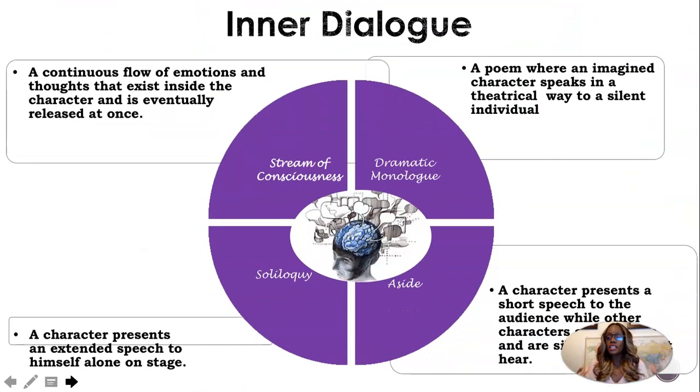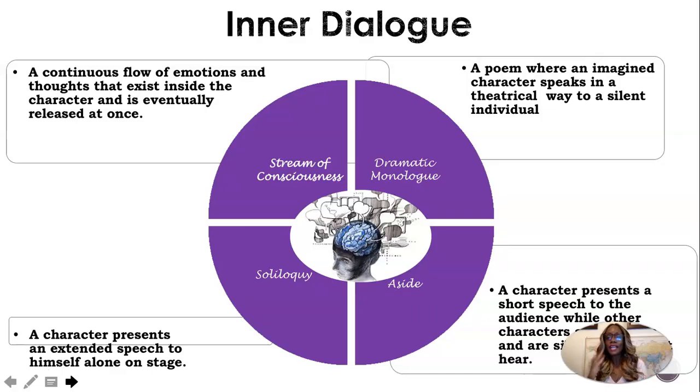Now, we talked about inner dialogue, and there are 4 different platforms in which you could see that. One would be a stream of consciousness, which I think is so interesting, because the first time I ever saw a stream of consciousness was when I was reading a novel and all of a sudden this entire page was in italics, and I'm thinking, what is that?